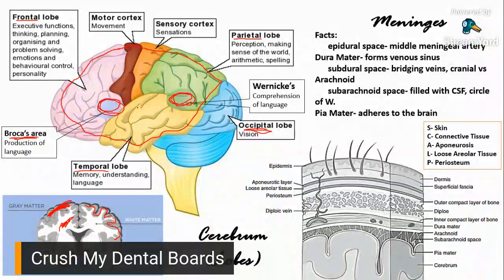When you cut this way. Okay? It's this view that you see. That's why we said, right? The cerebrum is actually divided into two hemispheres. You have your cerebral hemispheres. And it is connected by your corpus callosum.